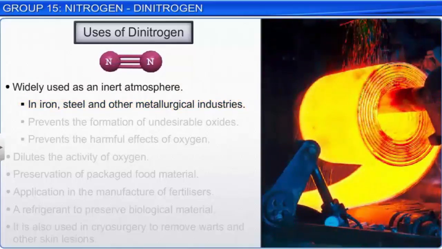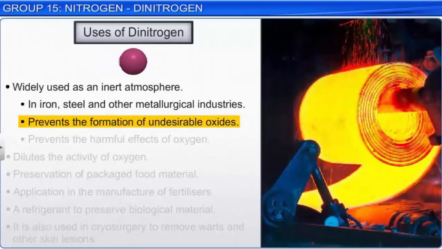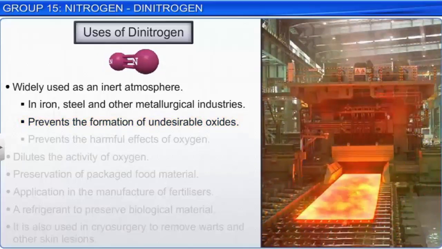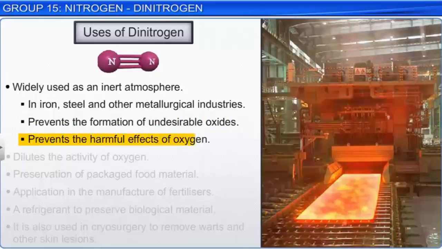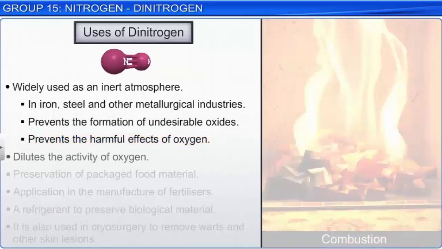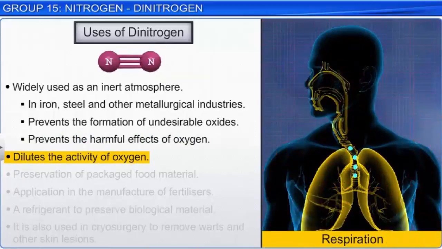During the processing of steel and iron, dinitrogen prevents the formation of undesirable oxides. In metallurgical industries, it prevents the harmful effects of oxygen. It dilutes the activity of oxygen in natural processes such as combustion and respiration.